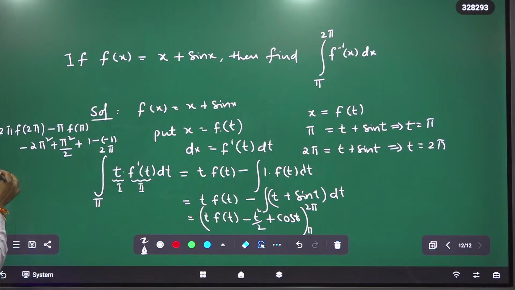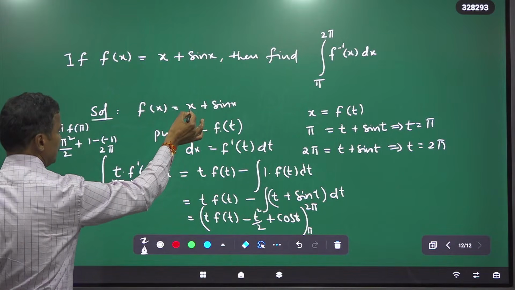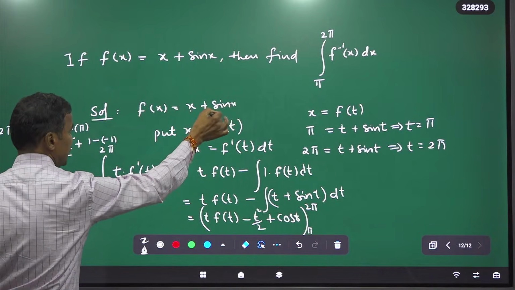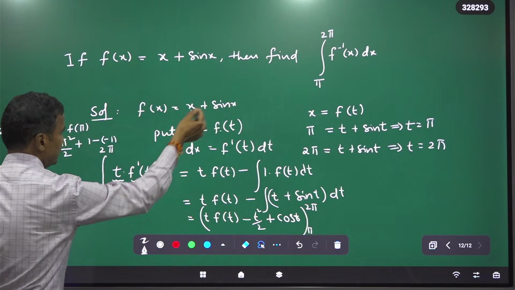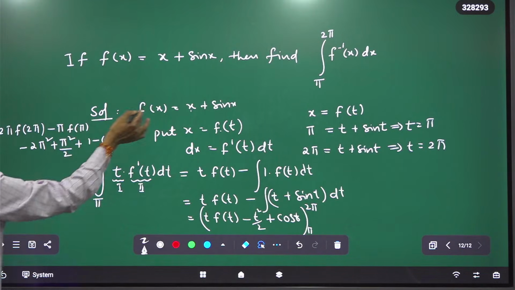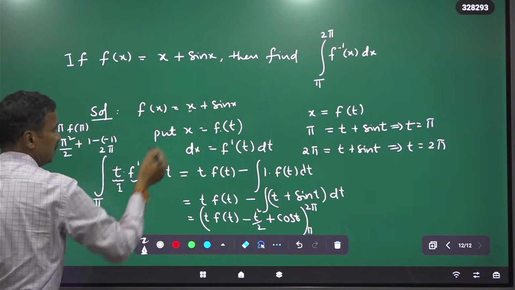Then f of 2 pi is 2 pi plus sin 2 pi, and sin 2 pi is 0, sin n pi is 0. Similarly, f of pi is pi plus sin pi, where sin pi is 0.